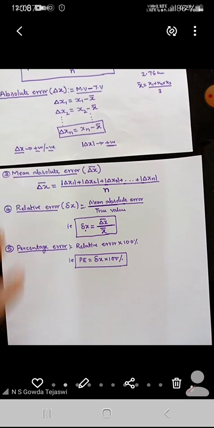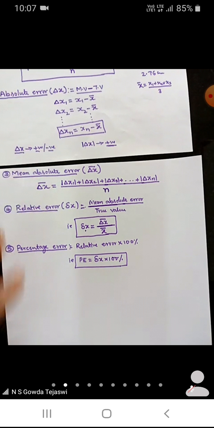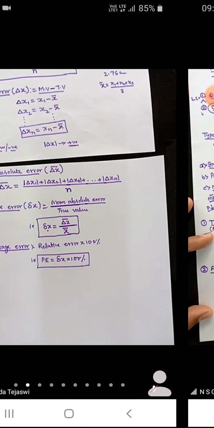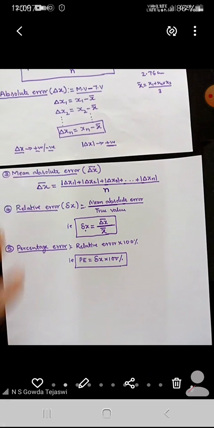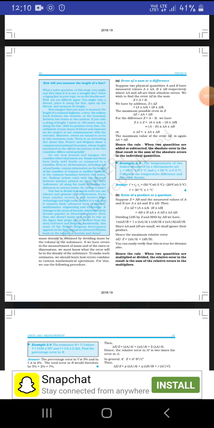So one sum in your final exam they may ask to find the percentage error or relative error. Like that they will ask, so you have to find all the things first, then you can find the thing they have asked, whether it is percentage error or relative error. Next, errors on sum or difference. To find the error on a sum or difference, we take the two numbers they have given, and the result could be plus or minus.